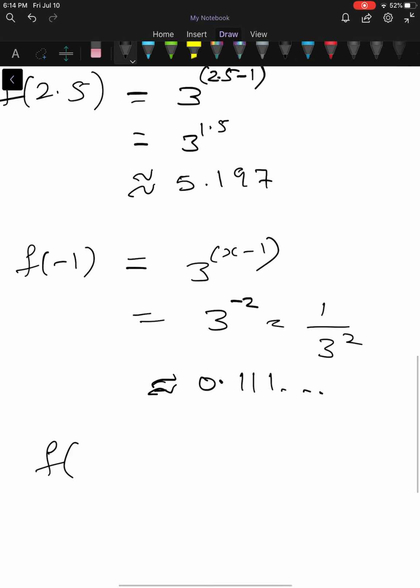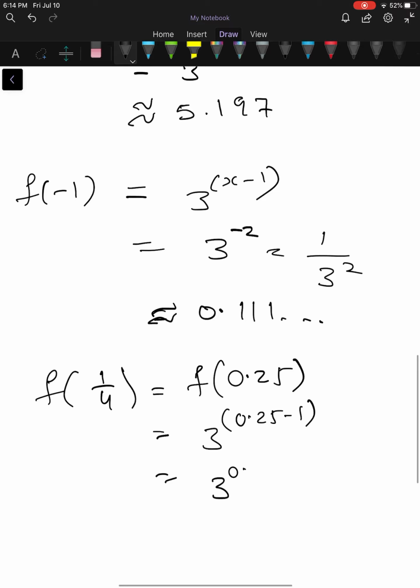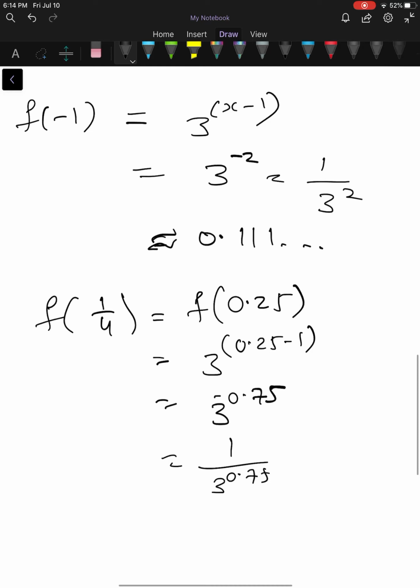Okay, and the last one was f of 1 over 4, so that would be f of 0.25. So this will be 3 to the power of 0.25 minus 1, so that will be 3 to the power of -0.75, that is 1 over 3 to the power of 0.75. Let me apply and see what we get.